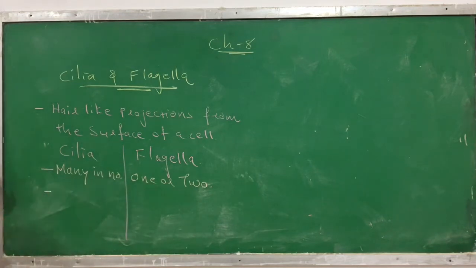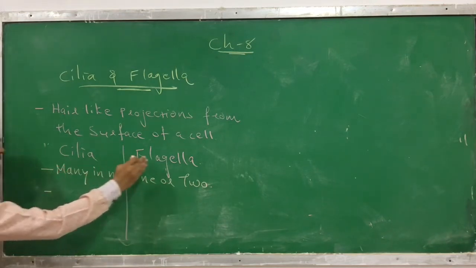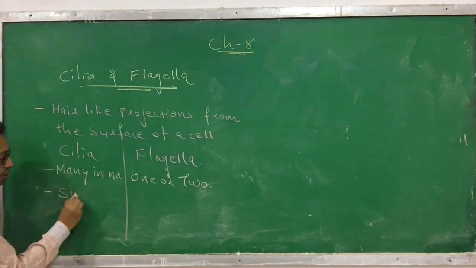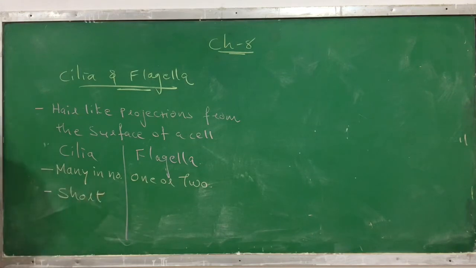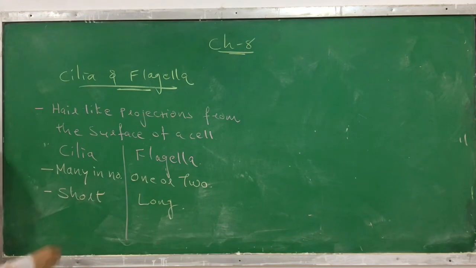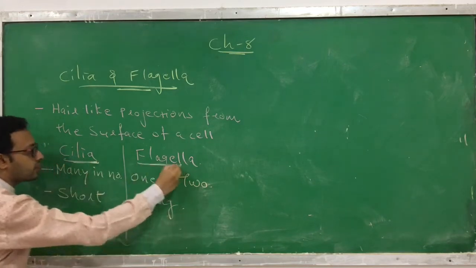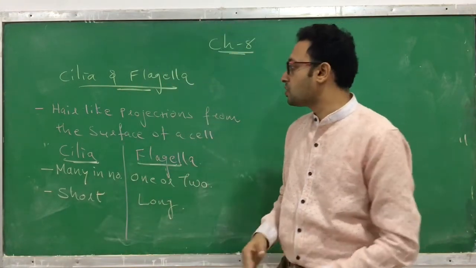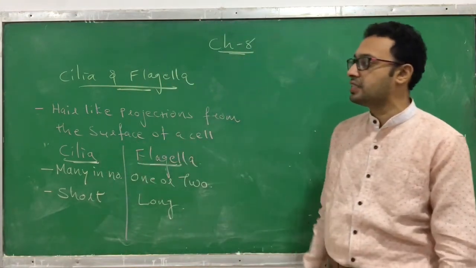Another difference is that cilia are short, whereas flagella are long. They have a common function: they are responsible for motility and movement.